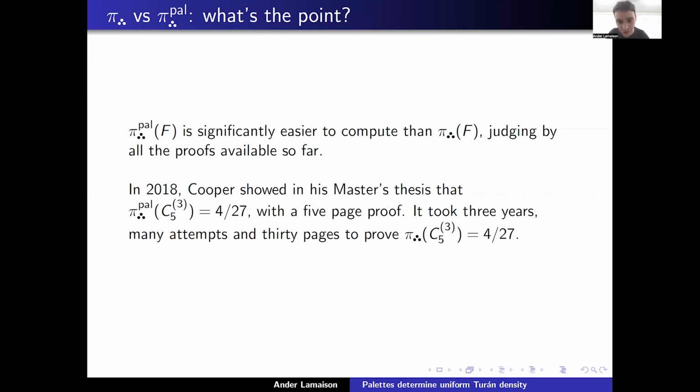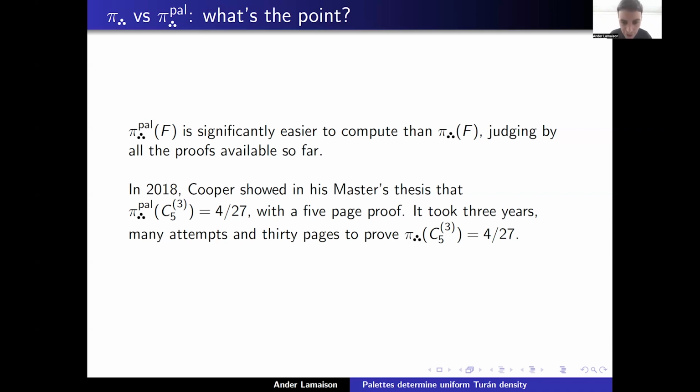And it's just a 5-page proof, and there's really not too much complicated in that proof. So it would be great to have a black box that allows you to just take the proof for the palette Turán density and tell you, oh, it's also going to work for the uniform Turán density.